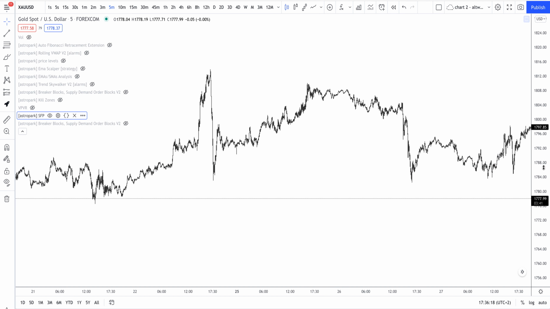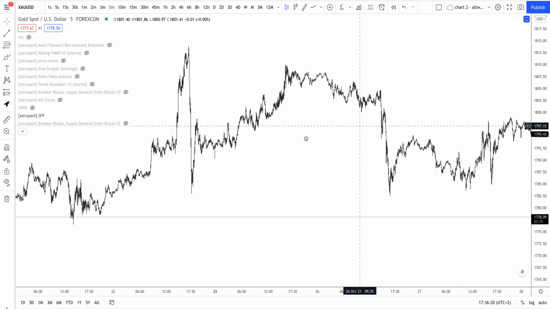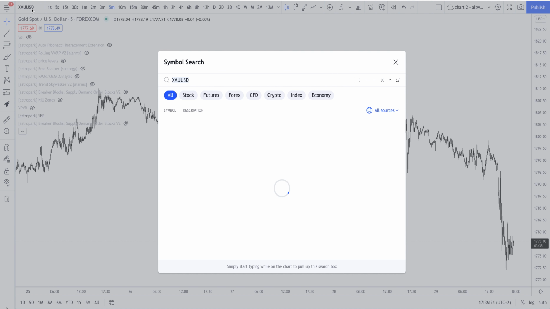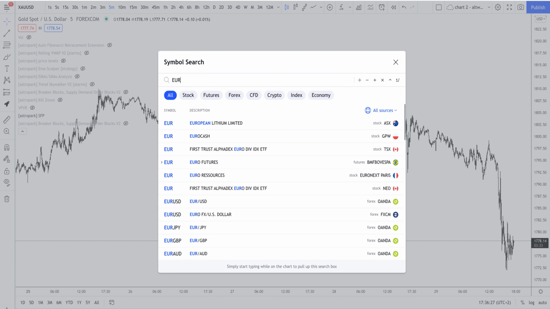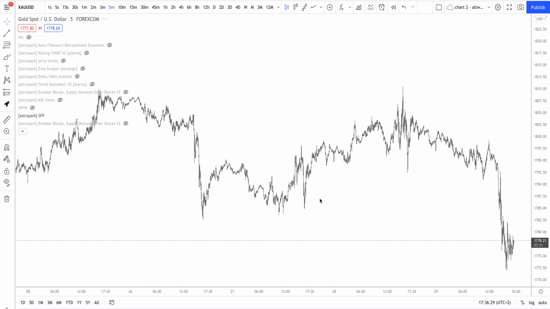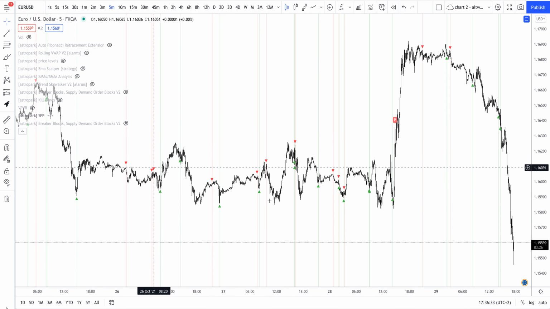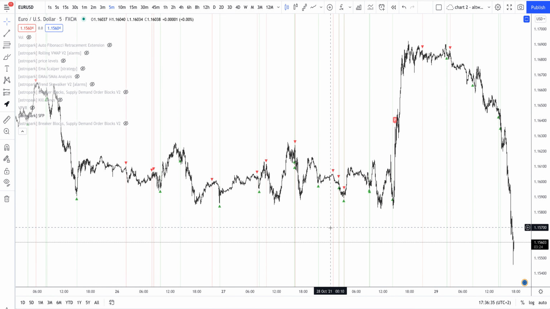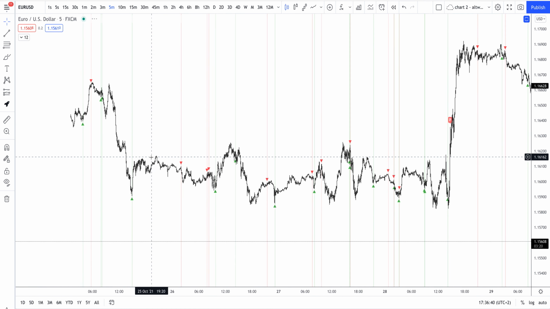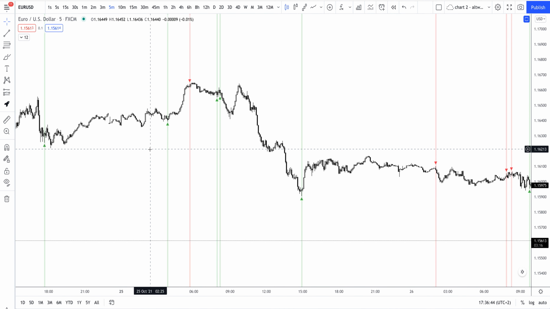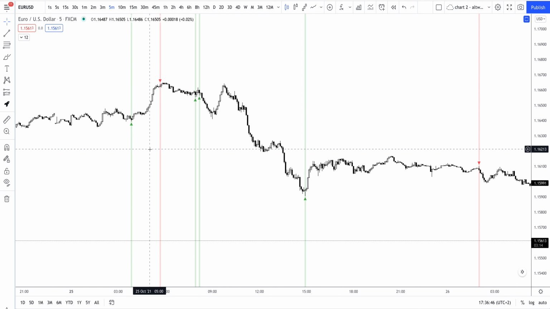It's the first time I use it on gold, honestly, because it's really for forex, so let's check directly on forex. This is a great tool for scalping.